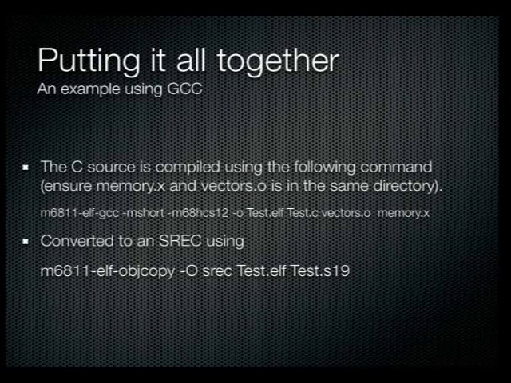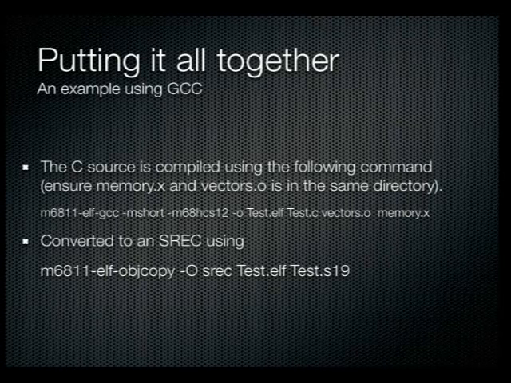It's not really all that useful for uploading to a target right now because it's in an ELF format. So what I can do is use objcopy, and using objcopy I can tell it to translate that ELF file into an S19 file. An S19 file is a text file that can be directly interpreted and read by our target.